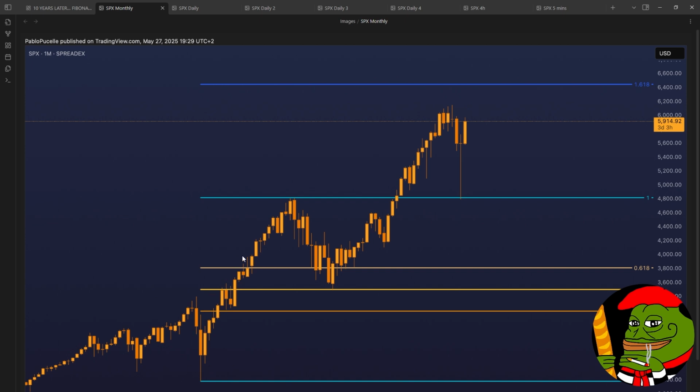But how do we know when to trace the Fibonacci to make it useful? Because many times you will see a new low and you will trace it to this small high, and it doesn't retrace, and you will be like, okay, what's going on? It's because you need to wait for a market reaction that is quite precise.